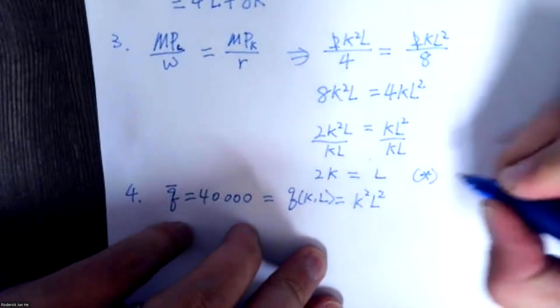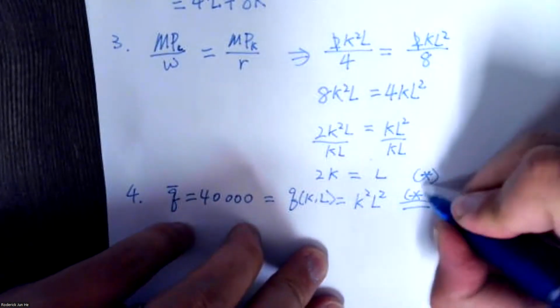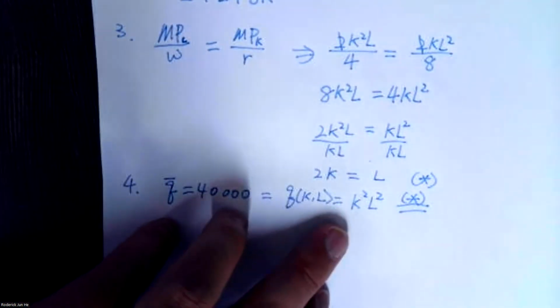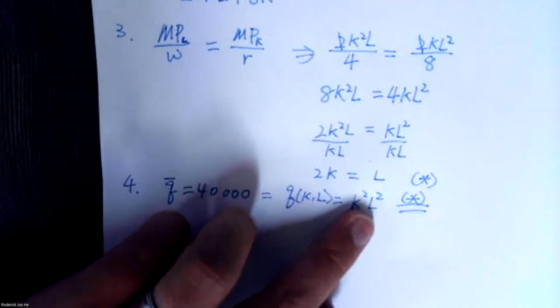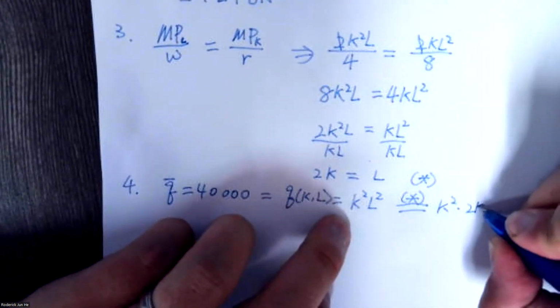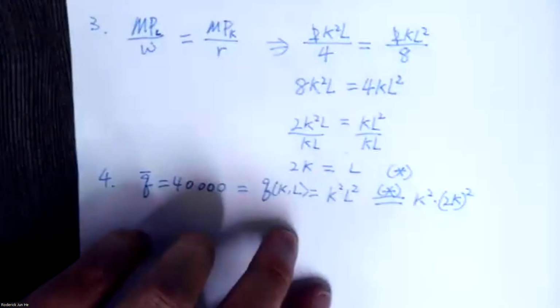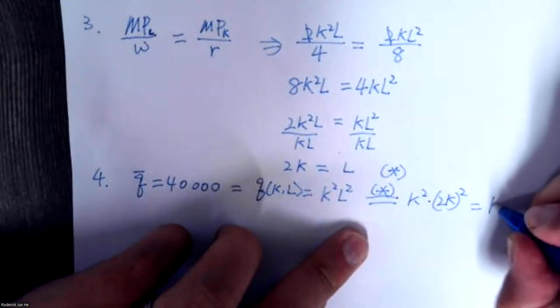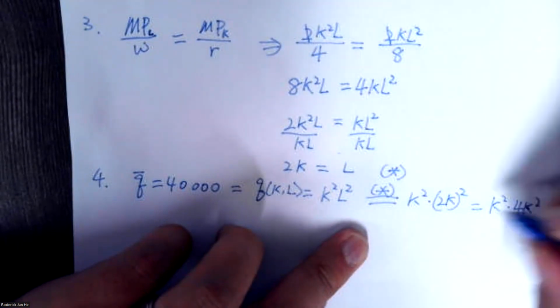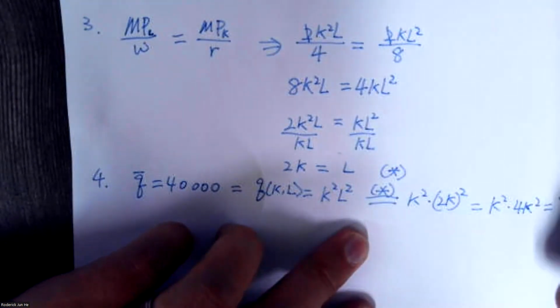Because of the star condition you saw above in question 3, L equals 2K, so we can replace. We have K squared times (2K) squared, which is K squared times 4K squared. The result is 4K to the power of 4.